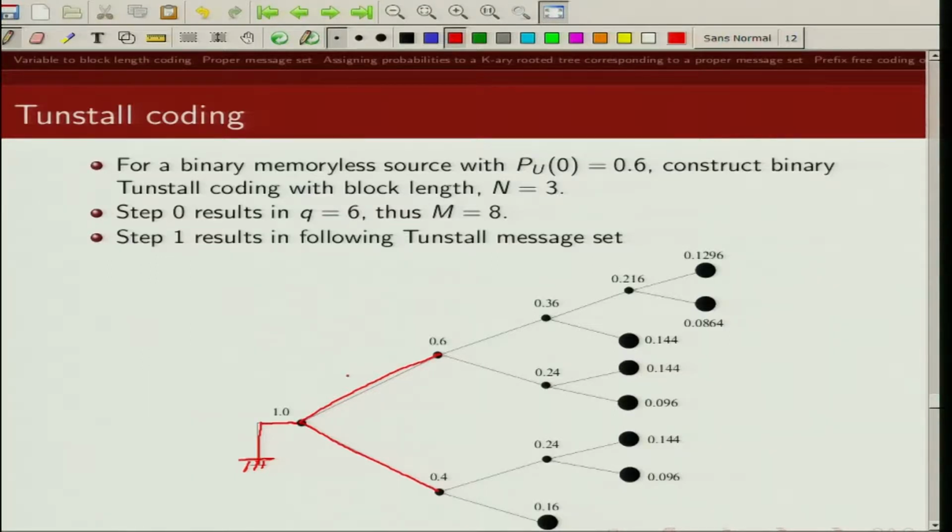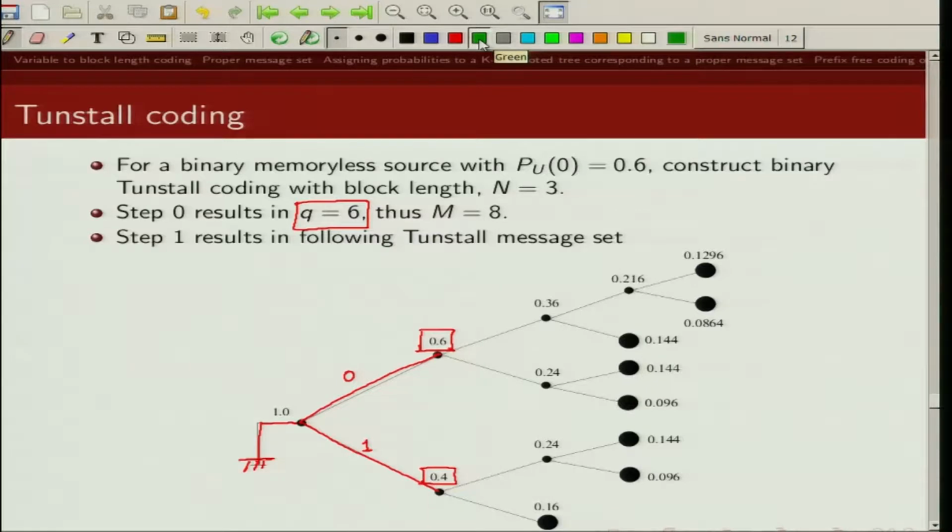The probability of 0 is 0.6, that's given by this, and probability of 1 is given by this. Now remember, I need to do 6 extensions of the most likely leaf, correct?